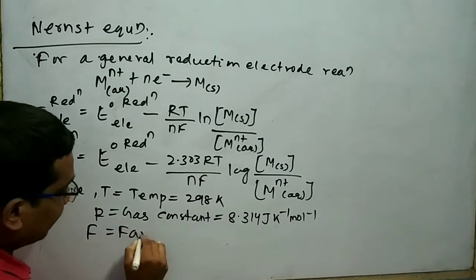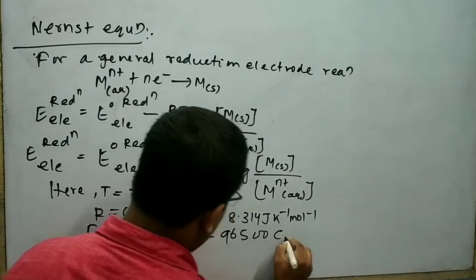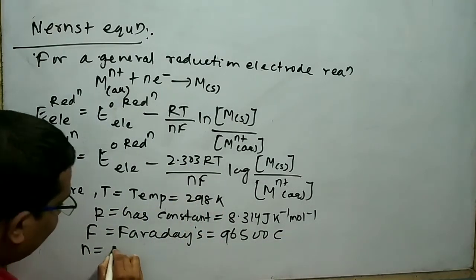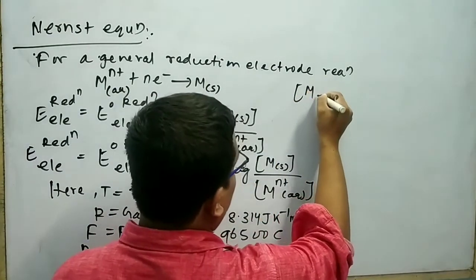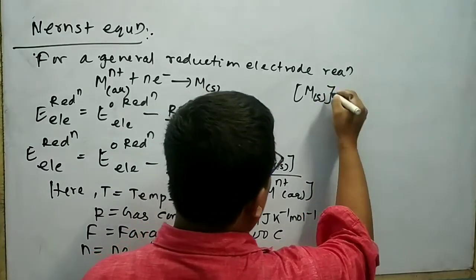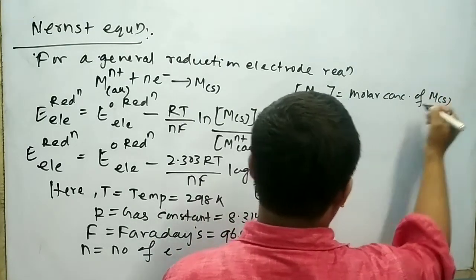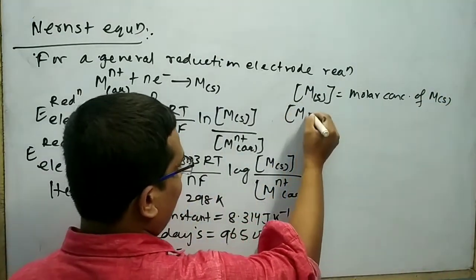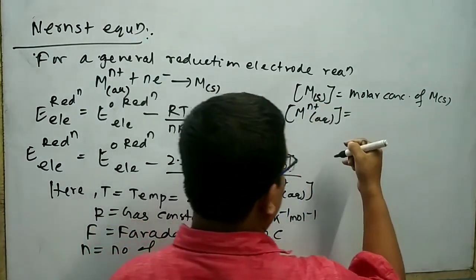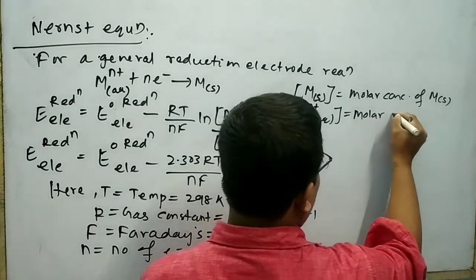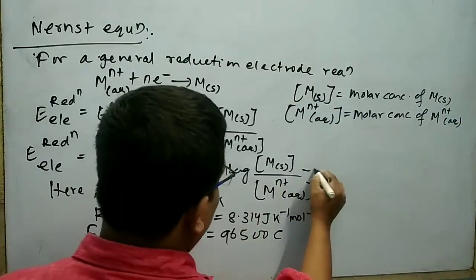F is the Faraday constant, whose value is 96,500 coulomb. n is the number of electrons, and this term, the concentration of M solid, is the molar concentration of M solid, and this term is the molar concentration of M^n+ aqueous. Suppose this is equation 1.